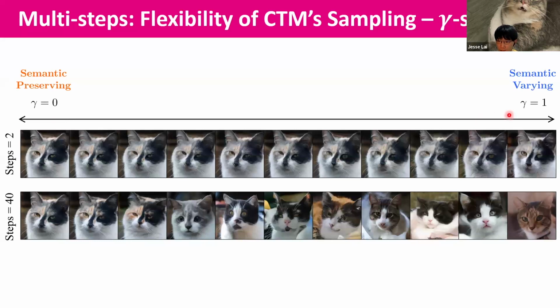On the other hand, you can choose gamma 1 in CTM so that you can see the semantic meaning is totally changed. And if you want to do, say, downstream tasks like inpainting, you can choose gamma to find some sweet spot in the middle so that you can somehow preserve the semantic meaning and still get good sample quality. This is the unique feature of CTM. You can choose the gamma freely.